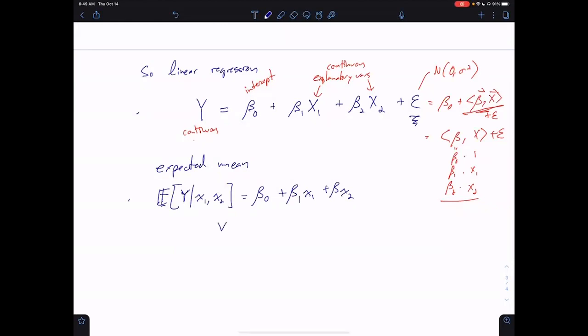In other words, when we add back in the noise model, we're saying that y is normal with mean this expectation of y, whatever that is, and variance sigma squared. This is because we're assuming epsilon to be normal with variance sigma squared. So we're explaining some variables in terms of some others.